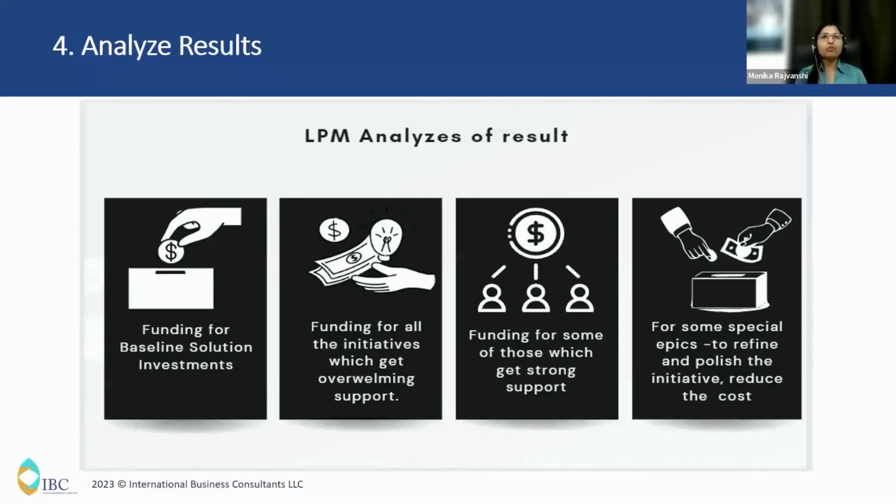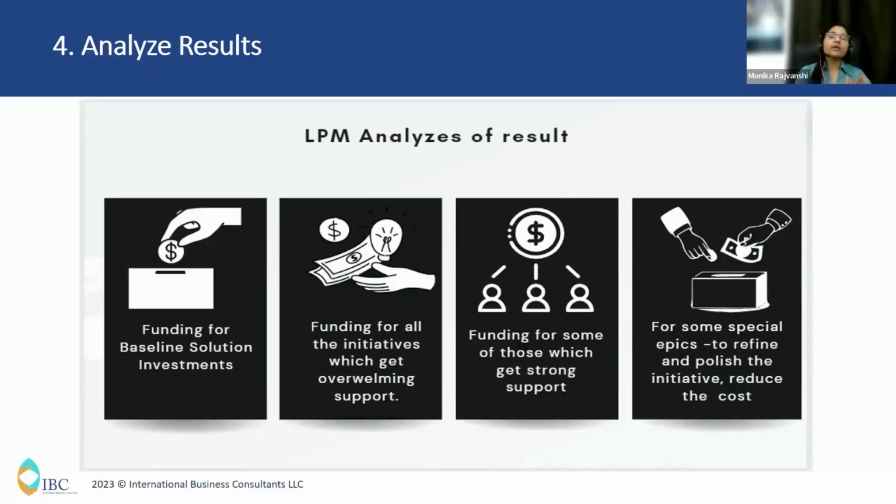After that, there are one or two ideas which get partial funding overwhelmingly. A few teams like those ideas very much, and if most of the groups feel that this idea is good enough but the cost is quite high, we need to give them a little more time.